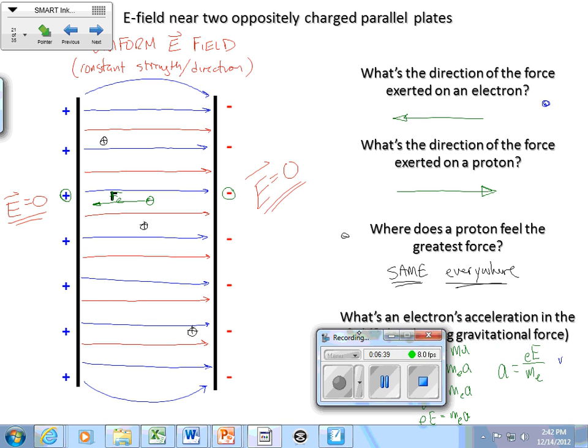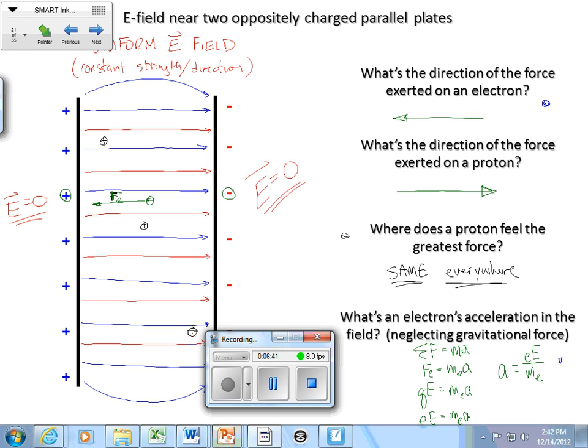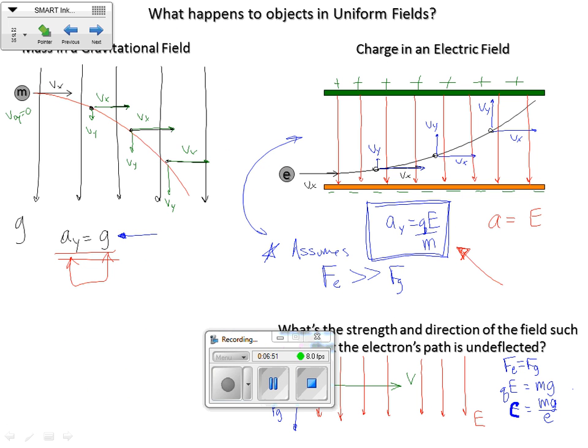There's our expression for acceleration of a charge, here the acceleration of an electron. More generally, here's the acceleration of a charge in a uniform electric field. It certainly depends on the mass of the charge and the charge of the charge. Sorry about that mistake, but make sure you are comfortable with that.